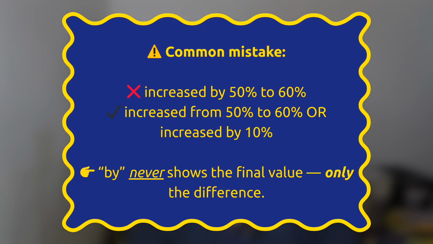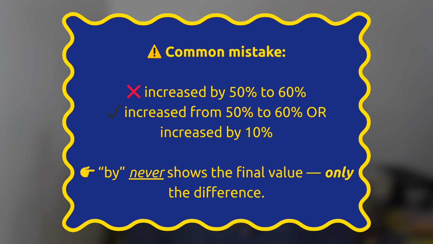Now, there's a common mistake that happens with by, and the mistake is that writers confuse by with from and to. So, for example, this sentence is wrong. The percentage increased by 50% to 60%. That is wrong. You need to use either from and to. The percentage increased from 50% to 60%.